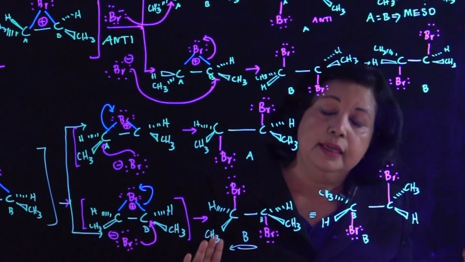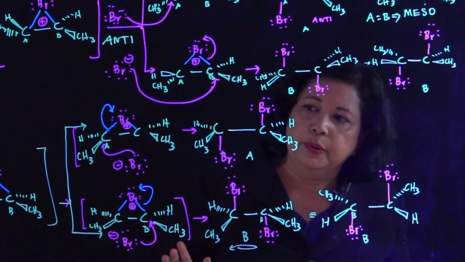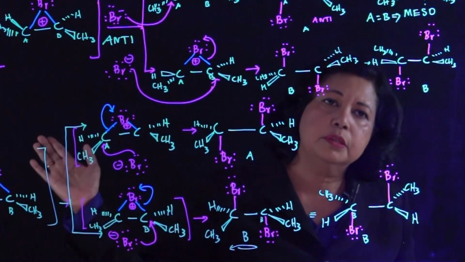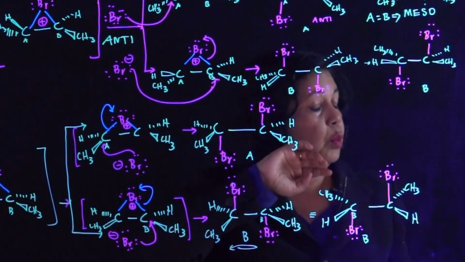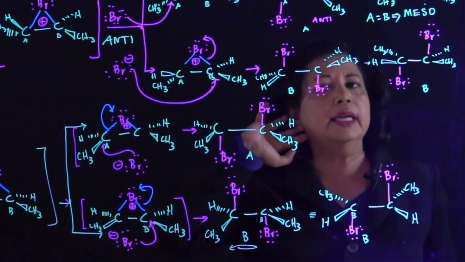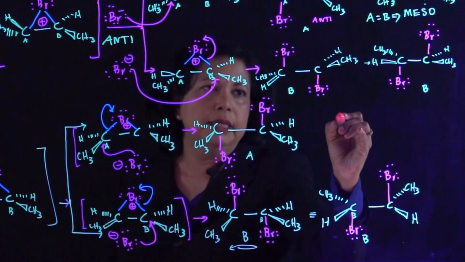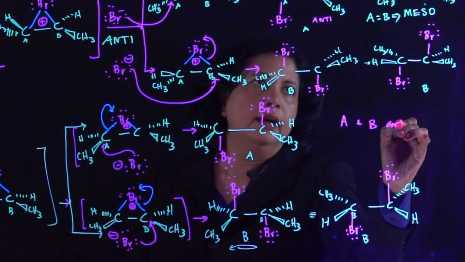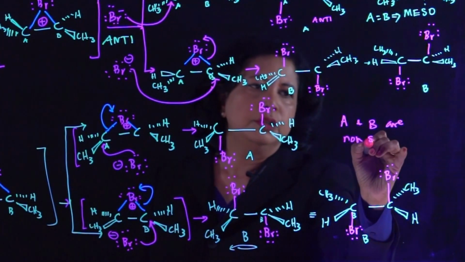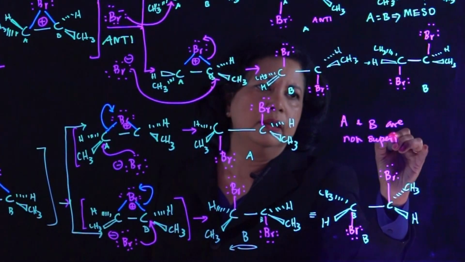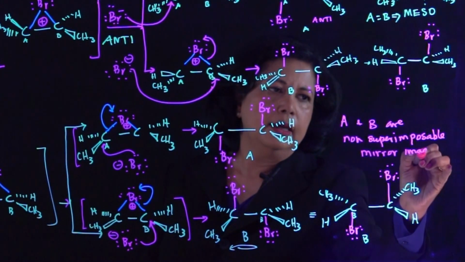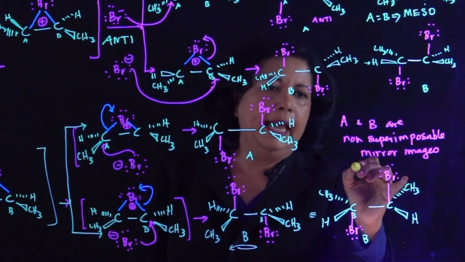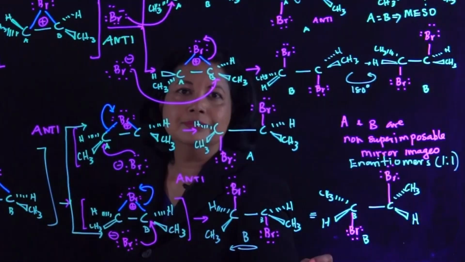They're going to be non-superimposable. Yes, they're mirror images, but they're non-superimposable mirror images, and we only had one name for them. That's right, they are going to be enantiomers. A and B are non-superimposable mirror images. And that is the very definition of what an enantiomer is.